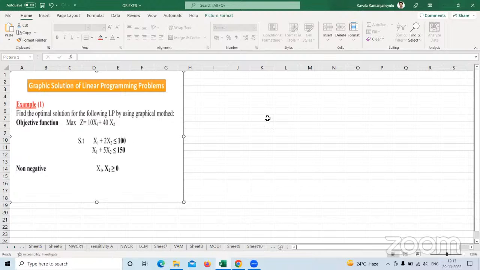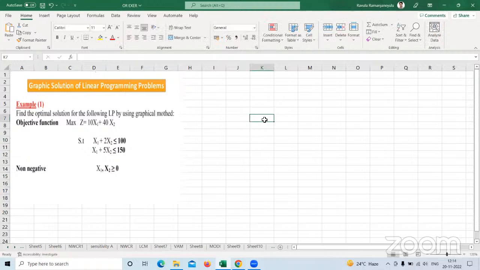When it is less than or equal to, we need to add slack variables, which we call S1, S2. So x1 plus 2x2 plus 1s1 plus 0s2.